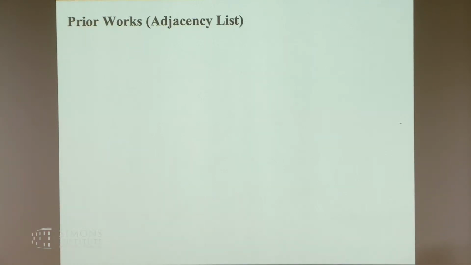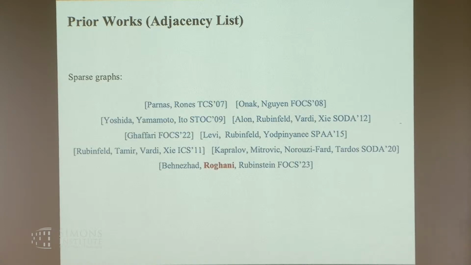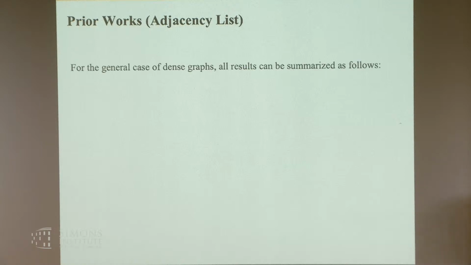People started to think about this problem for the sparse graph regime more than a decade ago. There are many results on the sparse graph regime that started with the work of Parnas and Ron. I'm not going to discuss the results in the sparse graph regime, and we'll jump to the dense graph. For dense graphs, all the results can be summarized as these three results.